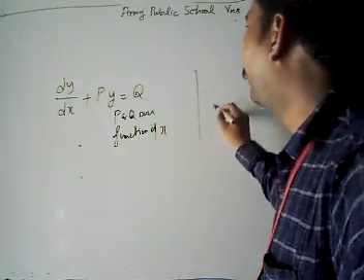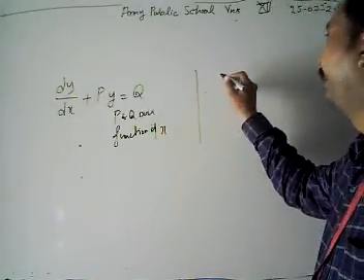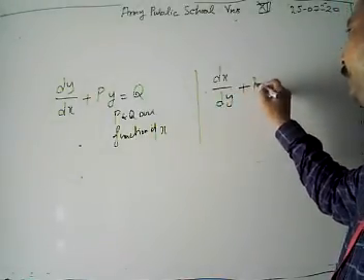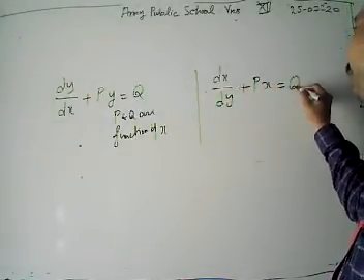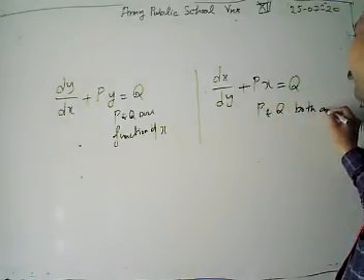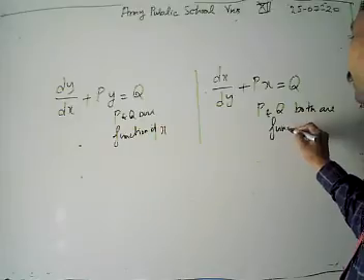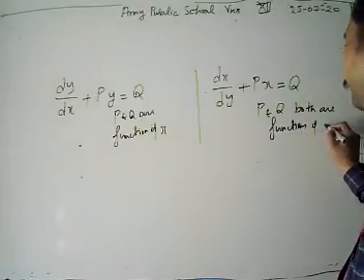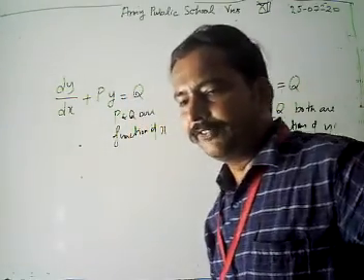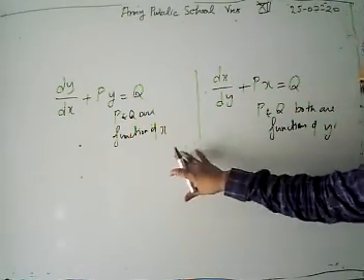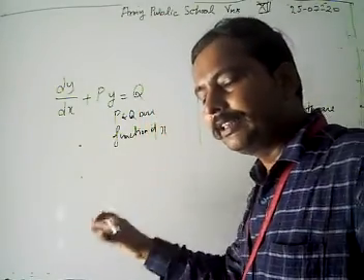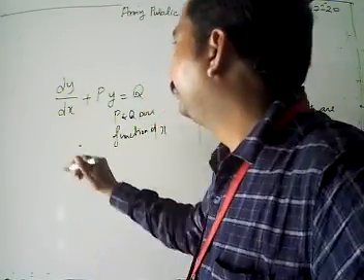Or you can transform a linear differential equation into the form dx/dy plus Px equal to Q, where P and Q are both functions of y. So in the first step we transform our differential equation into a standard form.